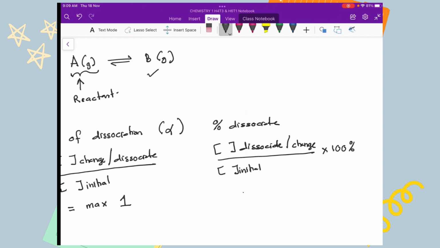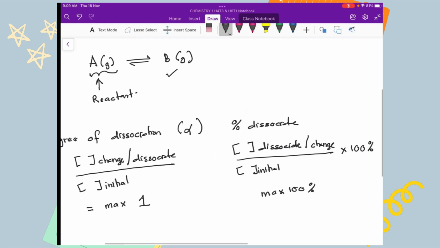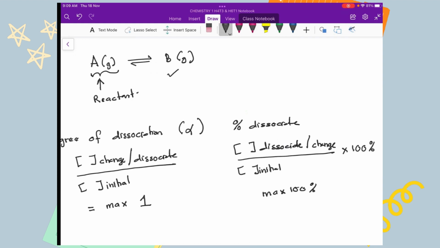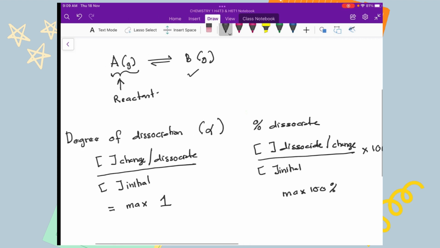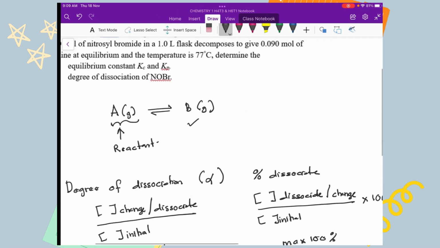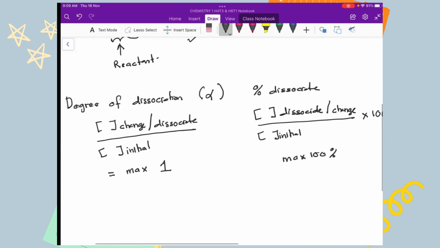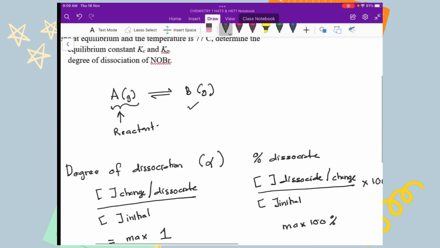So the maximum is 100, meaning all your reactant has converted to product. In that situation, it is no longer a reversible reaction. Usually, if it is 100% dissociated, it goes in one direction only. So that is the definition of the degree of dissociation.